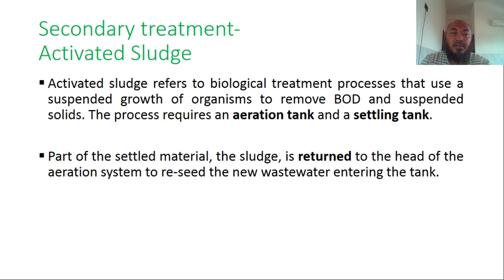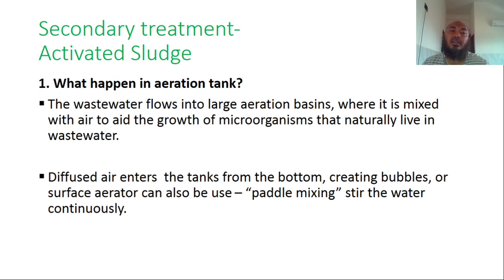Activated sludge refers to the biological treatment process that uses suspended growth of organisms to remove BOD and suspended solids. The process requires an aeration tank and a settling tank. Part of the settled material, the sludge, is returned to the head of the aeration system to reseed the new wastewater entering the tank.